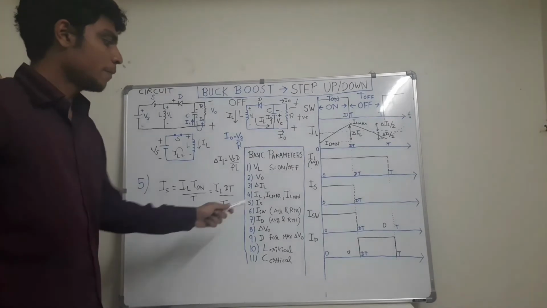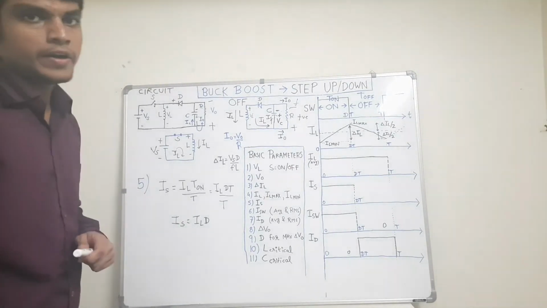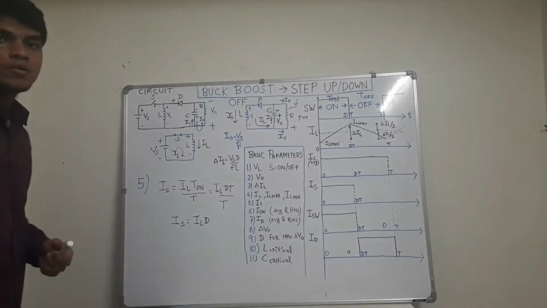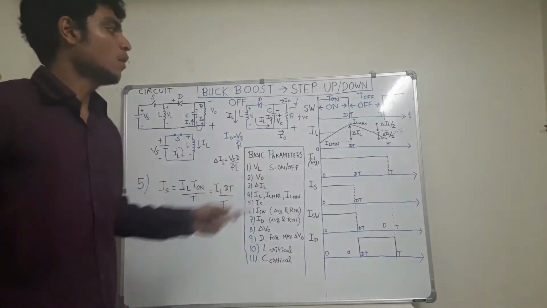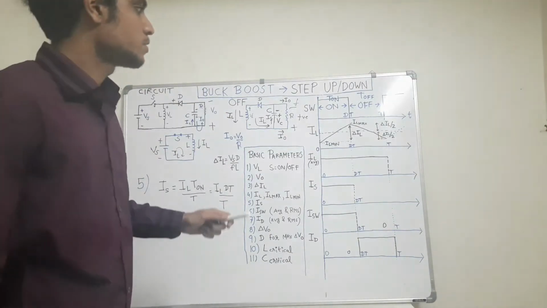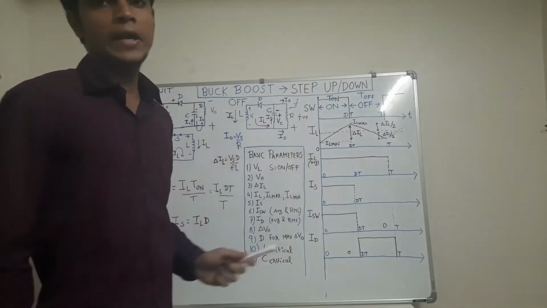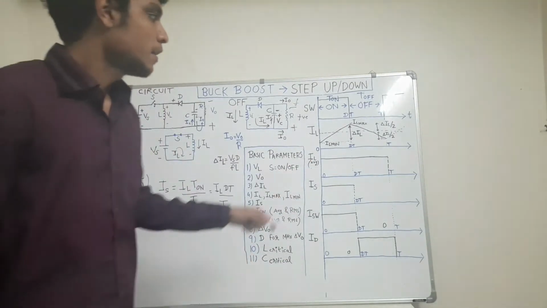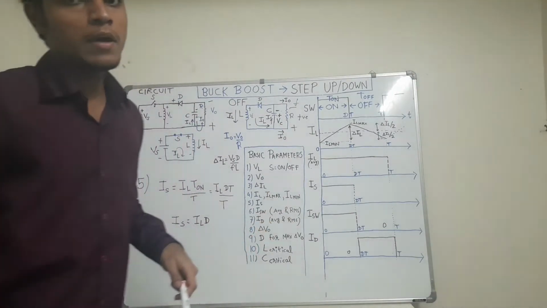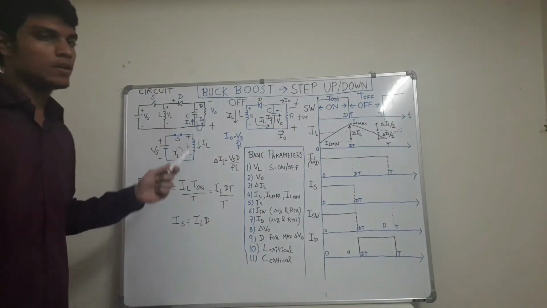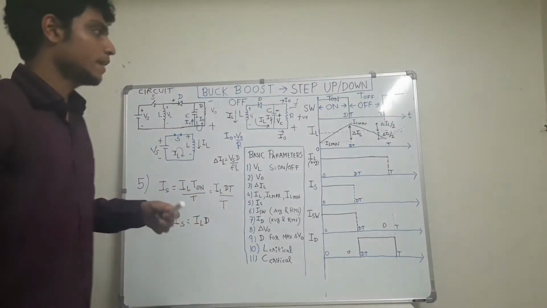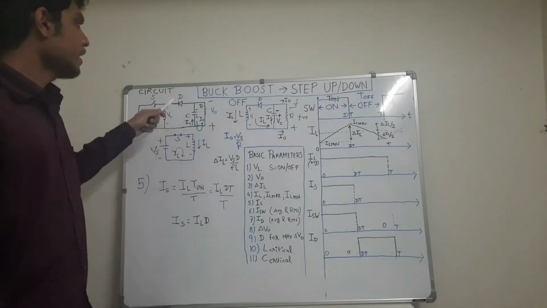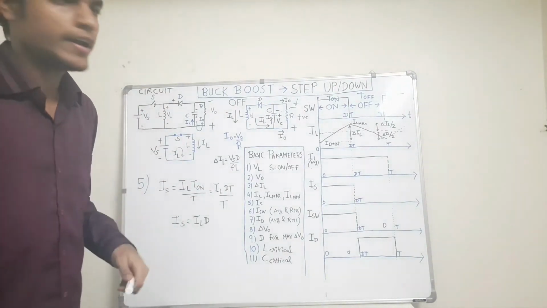So the fifth parameter is IS, the source current. For finding the source current, we will look at the general simplification of this inductor current waveform. In many GATE problems, they tell us to assume ripple in the inductor current to be 0, because they say to assume an infinite or very large value of inductor.